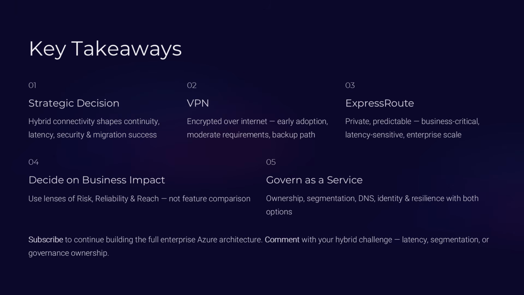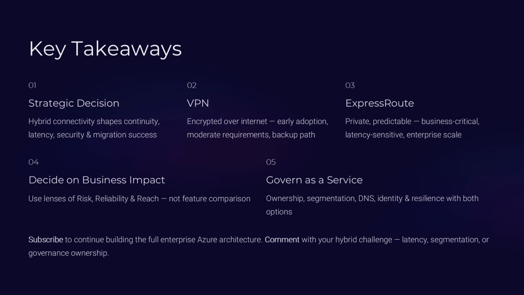Let's now discuss the key takeaways from what you learned so far so you can make hybrid connectivity decisions that leaders trust and architects can defend. Hybrid connectivity is a strategic business decision because it influences continuity, latency, security boundaries, and the success of migration and modernization. Site-to-site virtual private network provides encrypted connectivity over the public internet and fits well for early adoption, moderate requirements, and flexible scenarios, including backup connectivity in mature environments.